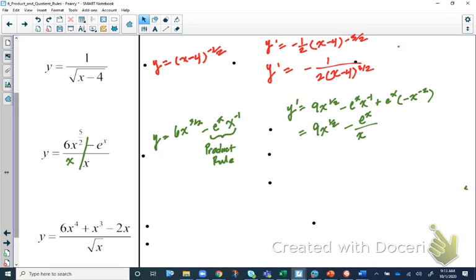And then we're going to do the same thing for the next part. Now the negative on the x is overall going to make this part here negative, and so that will be negative e to the x power over x squared.